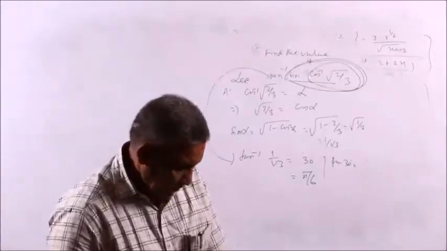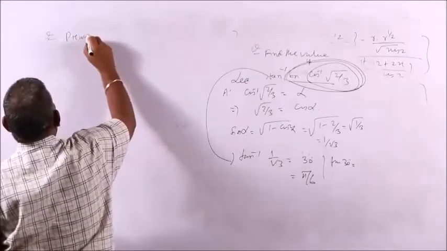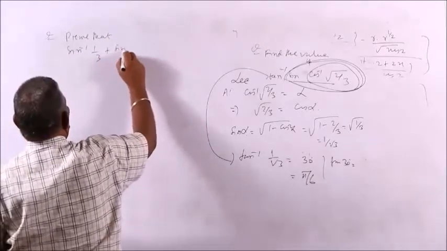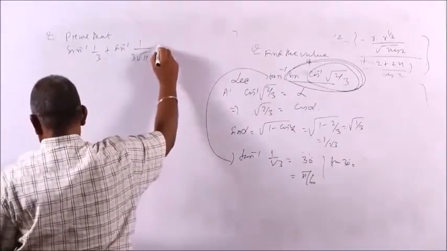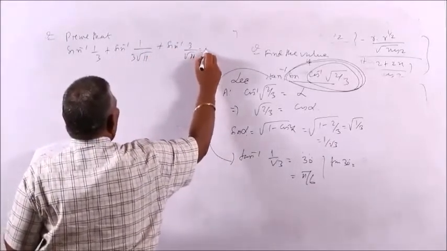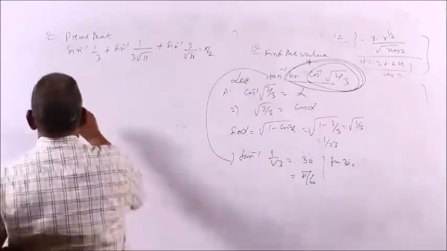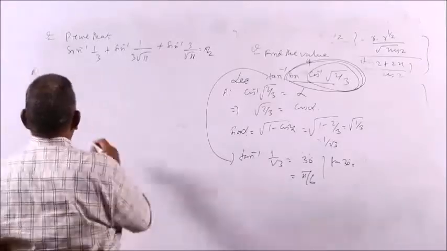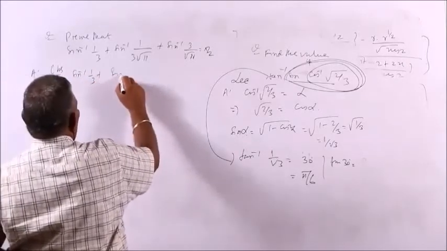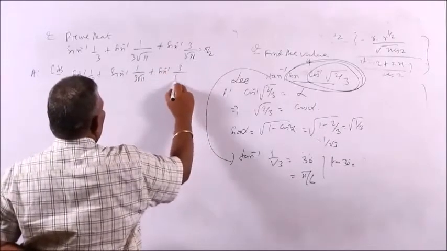Next, prove that sin inverse 1 by 3 plus sin inverse 1 by (3 root 11) plus sin inverse 3 by root 11 equals pi by 2. Let us start from LHS. Sin inverse 1 by 3 plus sin inverse 1 by (3 root 11) plus sin inverse 3 by root 11.